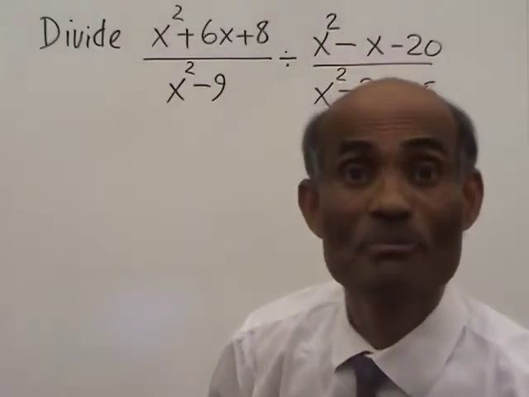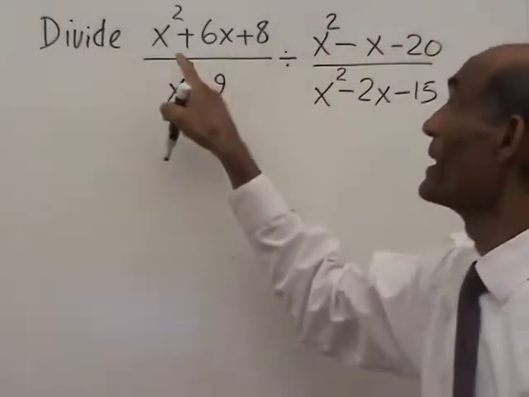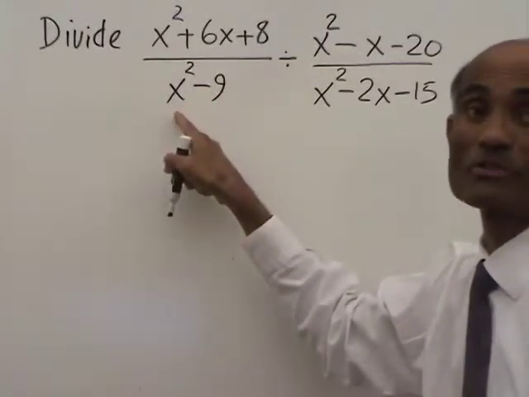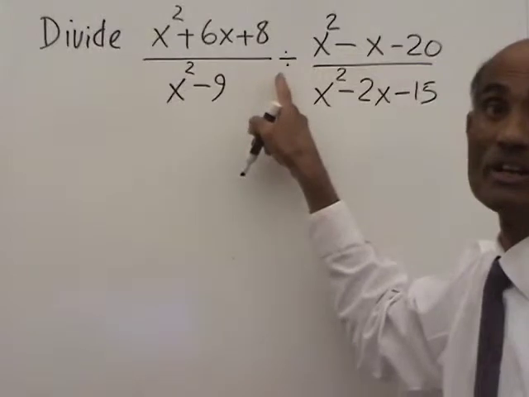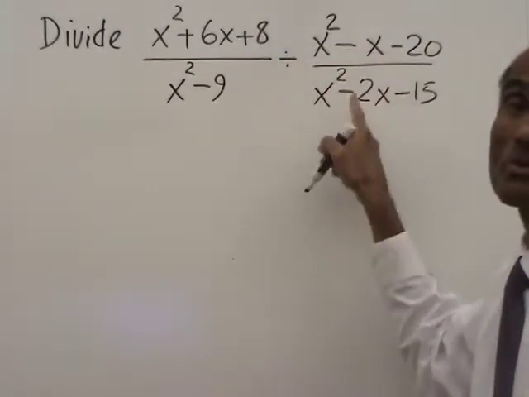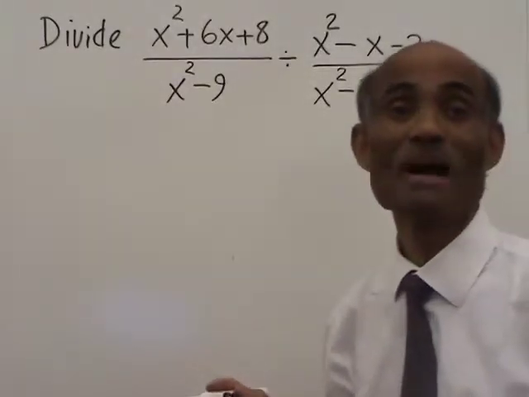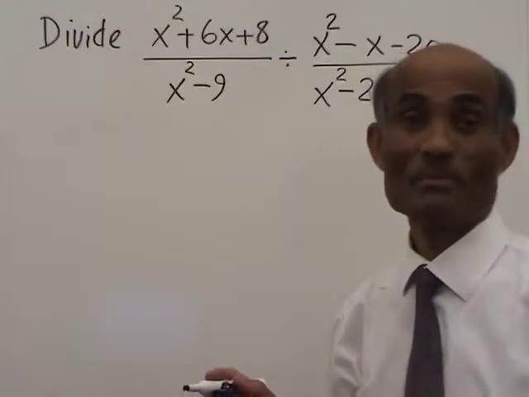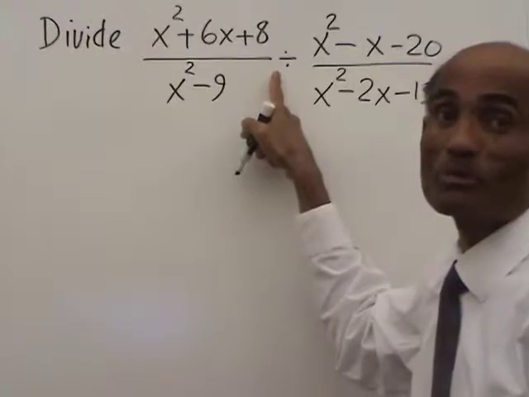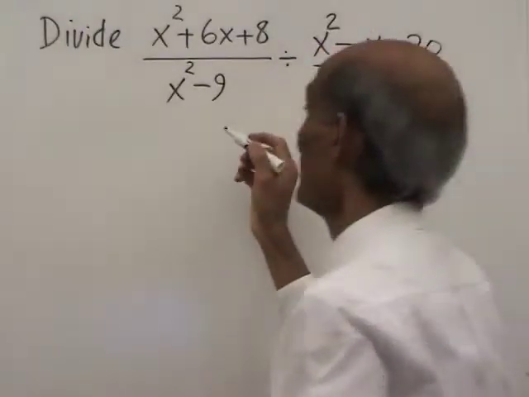Our next problem is a division problem. Alright, watch it again. X squared plus 6x plus 8 over x squared minus 9 divided by x squared minus x minus 20 over x squared minus 2x minus 15. The method, of course, is change the division to a multiplication and invert the divisor.